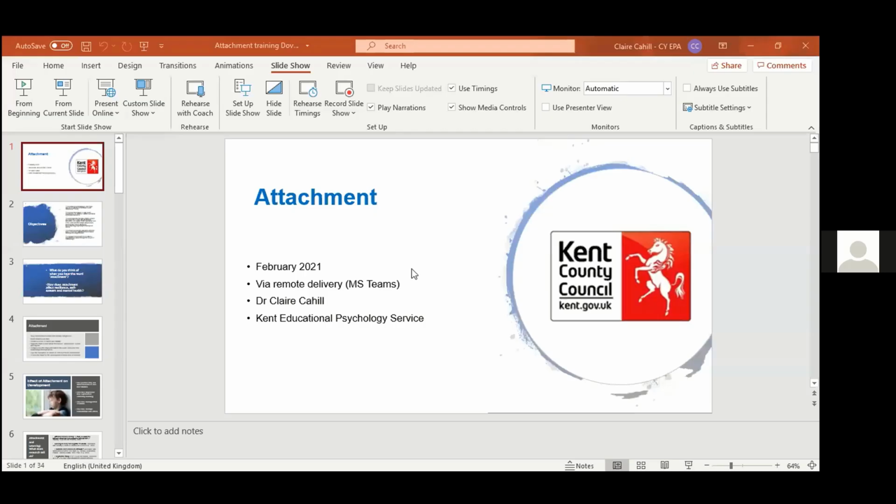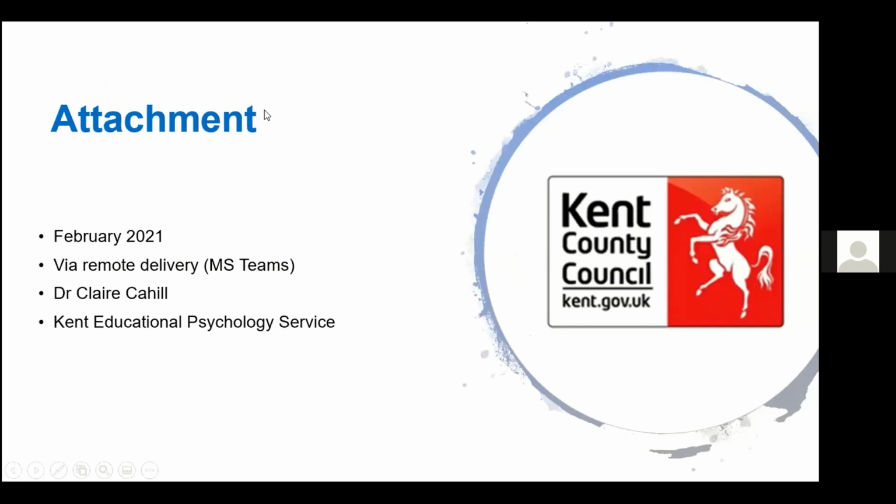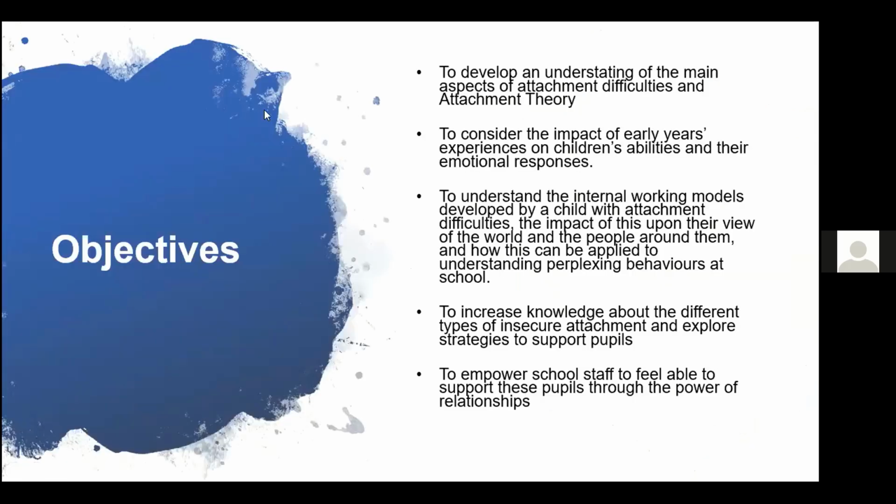I'm hoping to be talking to you for about an hour this morning. And we're hoping to cover these 5 main objectives. By the end of this morning's session, you will have an understanding of the main aspects of attachment difficulties in theory. You'll be able to think about the impact of early years experiences on children's abilities and their emotional responses.